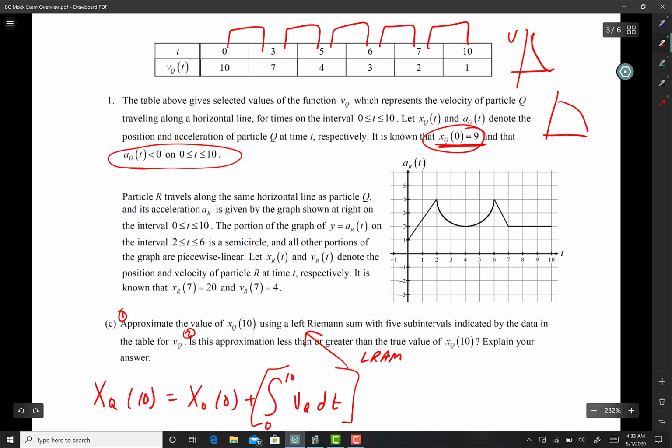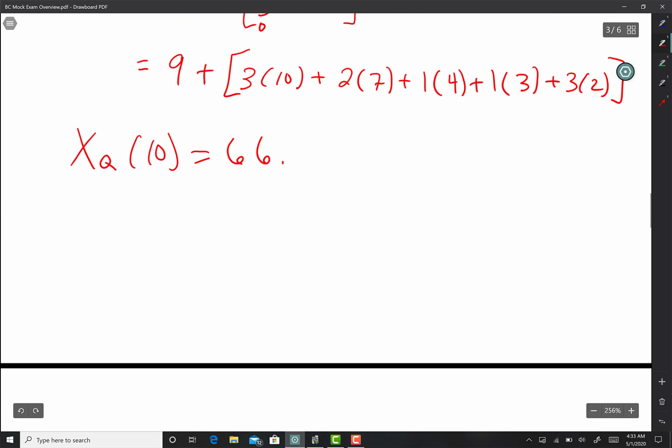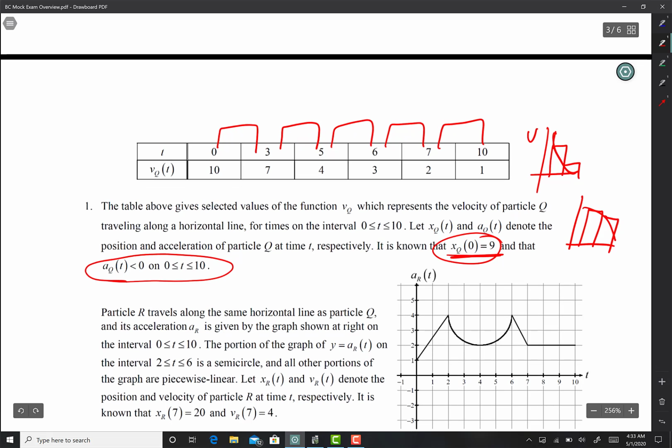It's always decreasing regardless. And if you do an LRAM on a decreasing curve, regardless of how it looks, it's always going to be an over approximation. Do we see that, guys? Yes. Well, I can't hear you guys, but I'm imagining you guys are saying yes. All right. So because I'm doing an LRAM on a curve that's decreasing, I'm always going to get an over approximation. I hope that makes sense.